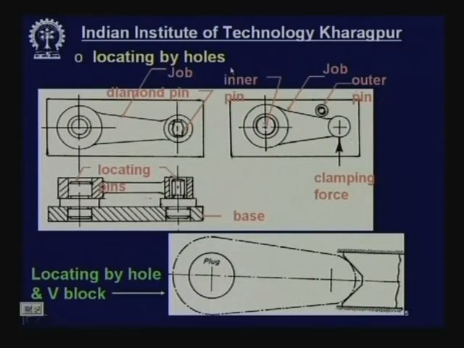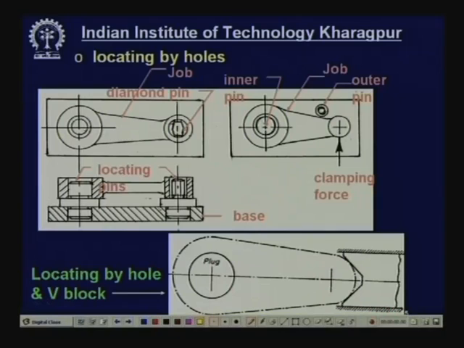Now, locating by holes. Here is a connecting rod. Suppose it has two holes already, one hole here and one hole here. Let us assume that one slot has to be cut here or one hole has to be made here.